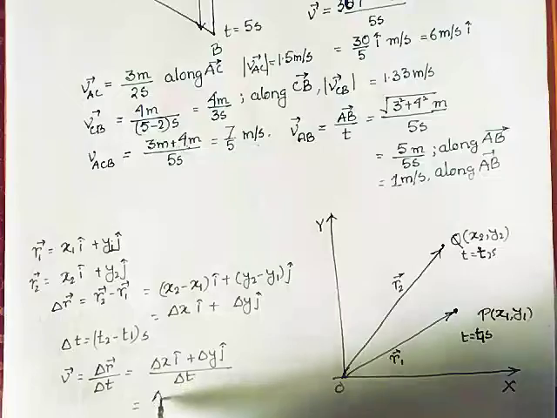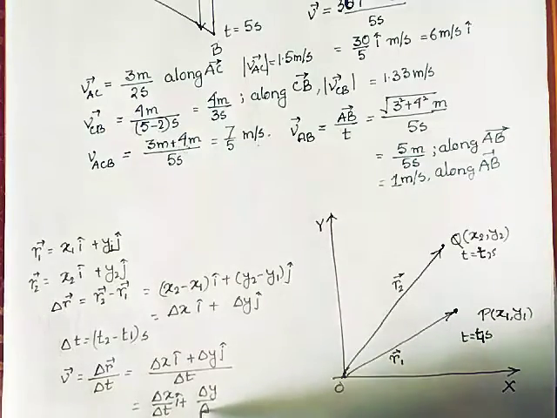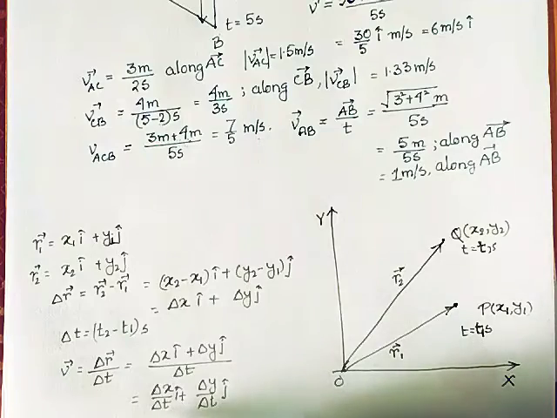This expression then becomes del x divided by del t i cap plus del y divided by del t j cap, that is the change in the coordinate along the x-axis with the change in time del t, and the change in the coordinate along the y-axis with the change in time del t. If I do the vector addition of these two, then we get the velocity vector.